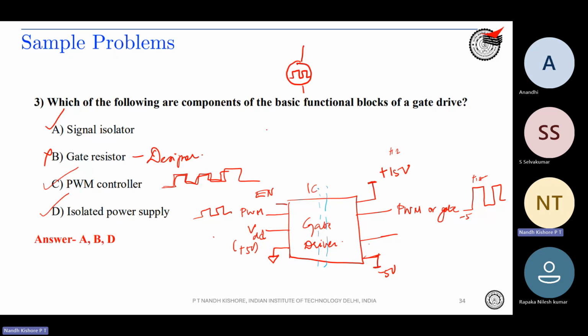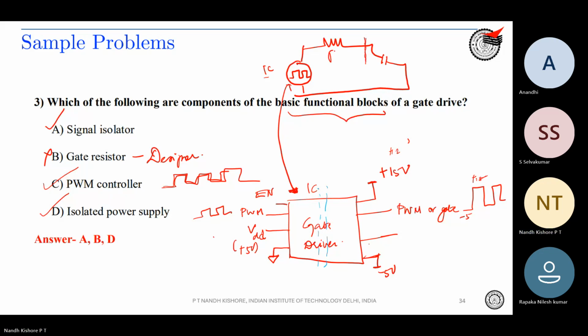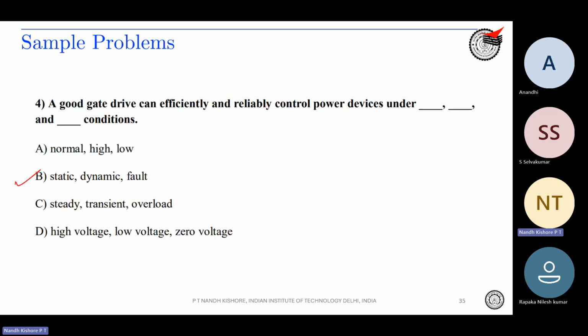So this might be the gate driver IC, and then you have the gate resistor and then the CGS capacitor, right? Your gate drive block consists of this entire thing till your device. Your device starts from here, right? So if you talk in those terms, then RG is of course included, and signal isolation is there from your gate driver IC, correct?